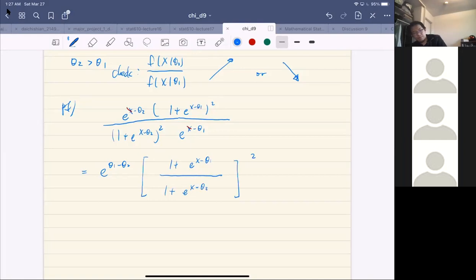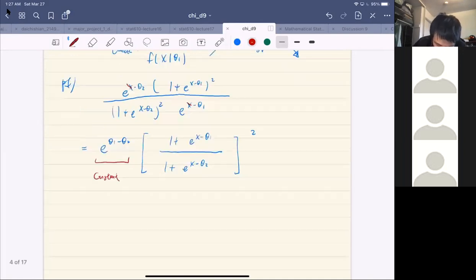So this is a constant, and only this one depends on x. So we only need to show whether this is monotone or not.